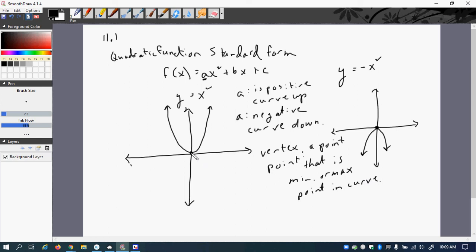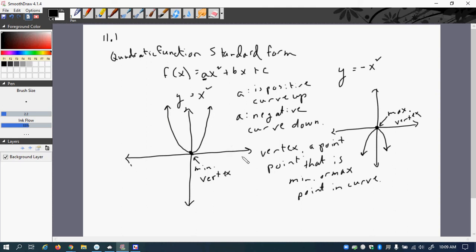This one here is a minimum vertex. This one here is a maximum vertex. So you can see that it is the highest as we go along the curve. On here, it's the lowest.